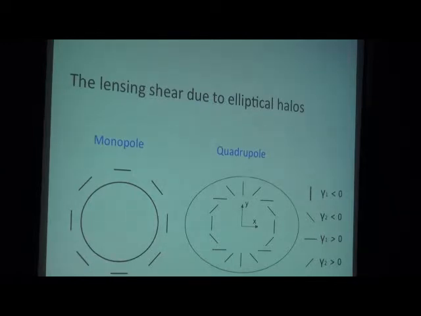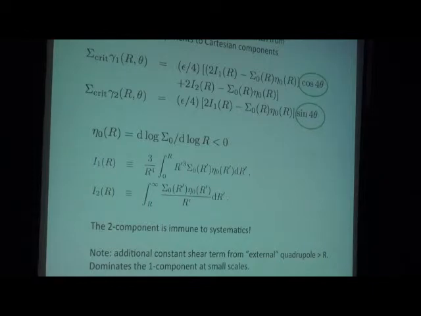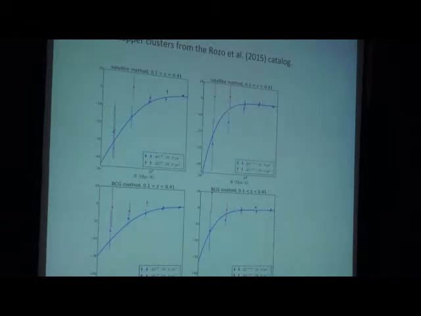People used to rotate the coordinate system so that they always got the shear in just one component, which makes sense for the monopole. But for the quadrupole, it turned out that when you're trying to disentangle systematic errors, spurious shapes induced by the telescope and atmosphere, a better coordinate system is just a fixed Cartesian coordinate system. So that's the 2-minute version of his insight. And so we just took Sloan data, which has been around for nearly a decade, and switched coordinate systems.